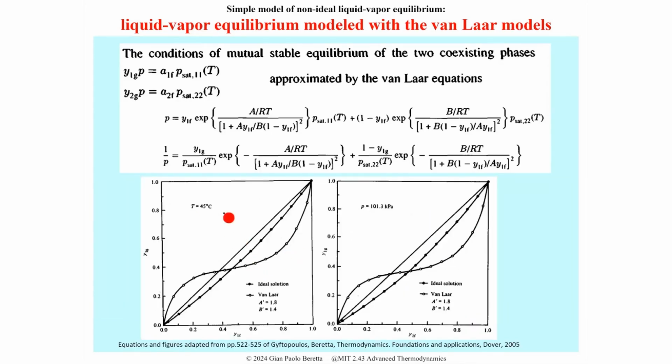And of course, you can eliminate the pressure between the two and construct, for a given temperature or for a given pressure, the relation that you have between the composition of the vapor phase and the composition of the liquid phase. So these are all things that you can implement in an Excel file and so on, and very easy if you have few parameters.